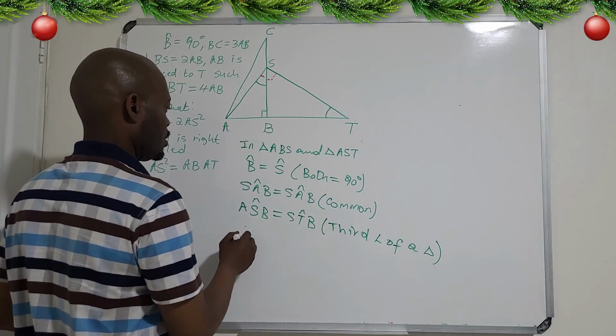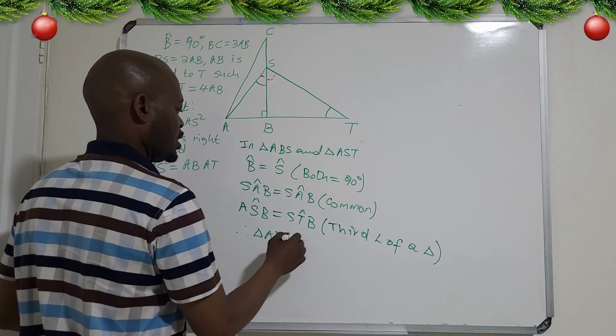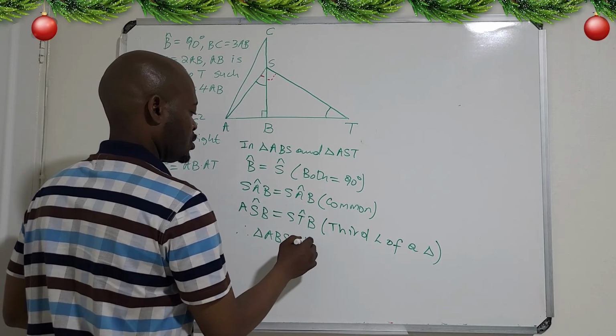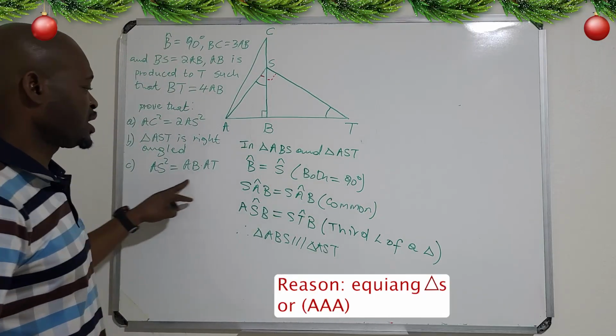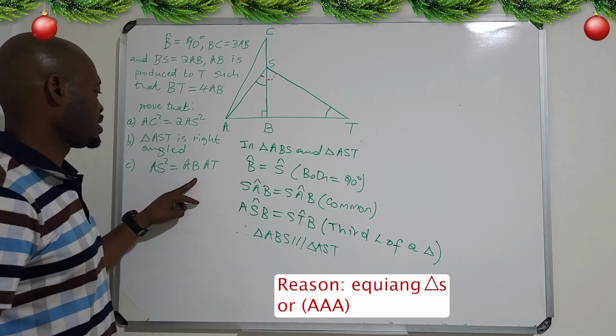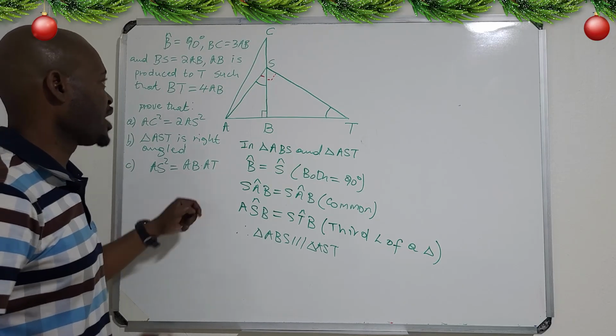Therefore, triangle ABS is similar to triangle AST. Once we see this, we know we must prove similarity, and once we prove similarity, then we can prove that.